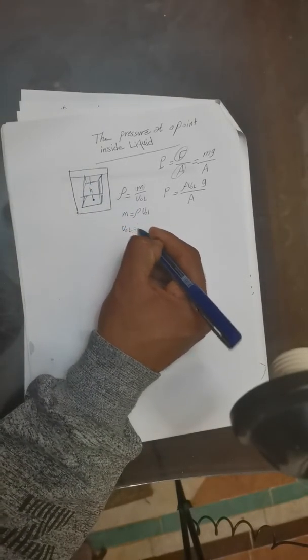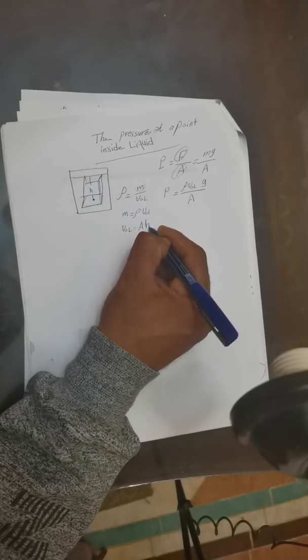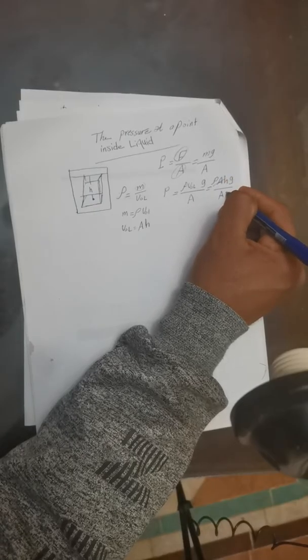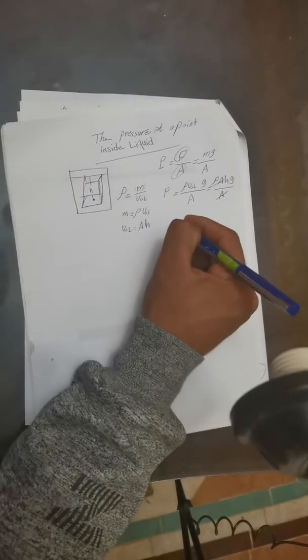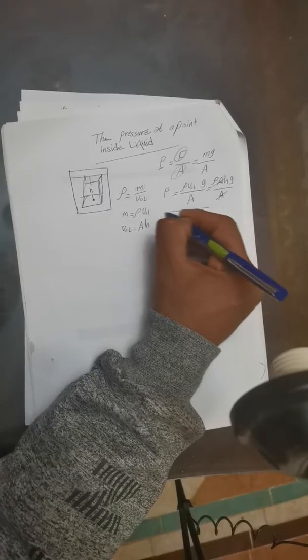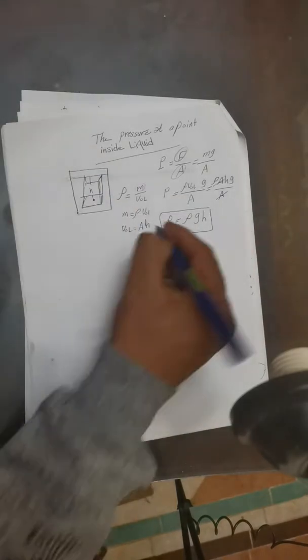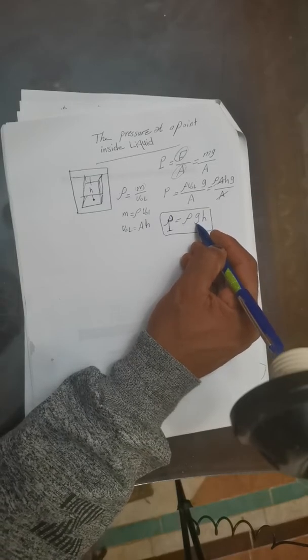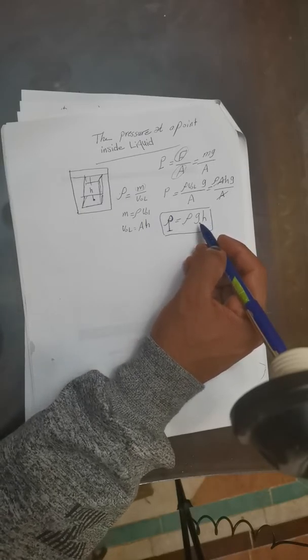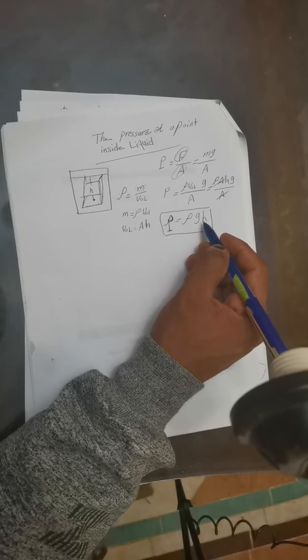The volume equals A multiplied by H. So rho A H g over A, cancelling A and A, the pressure will equal rho g H. The pressure equals rho, the density of the fluid, g, the acceleration due to gravity, and H, the depth of the point at which we need to find the value of pressure.